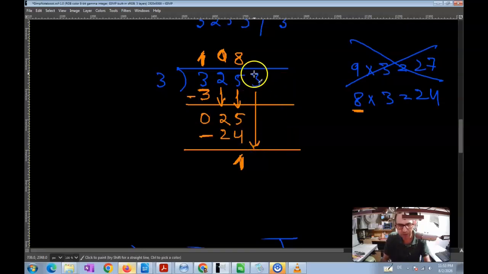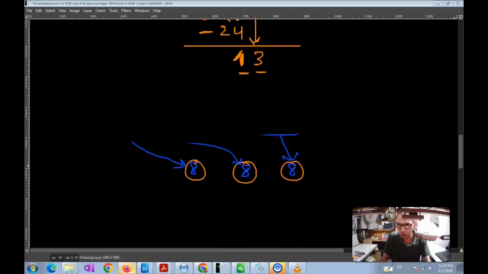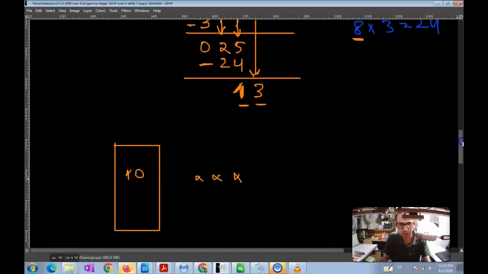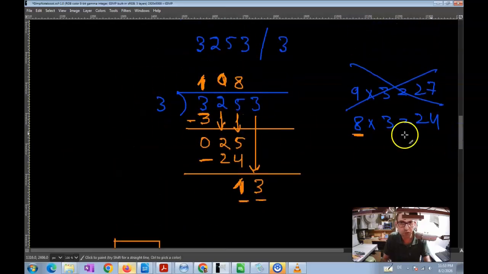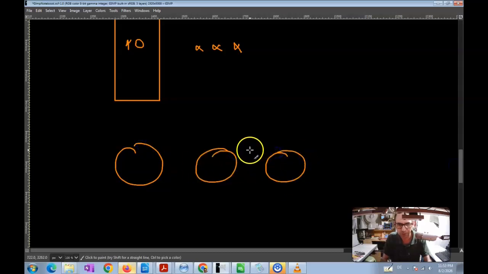The one group of 10 that is remaining, this is one group of 10, this is 3 groups of 1, and I want to distribute this evenly among the 3 groups. So these are the 3 groups.